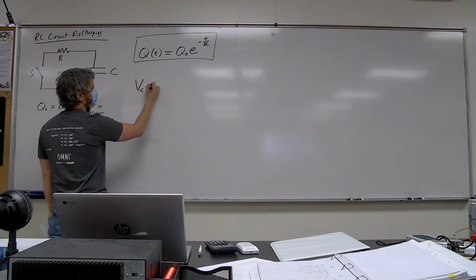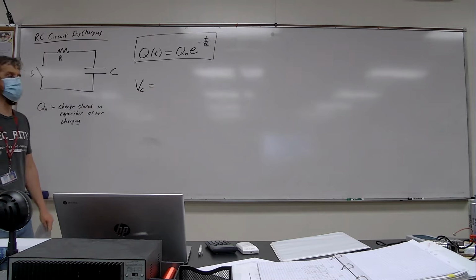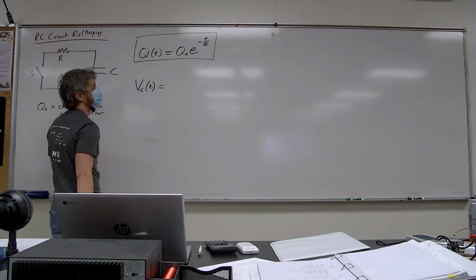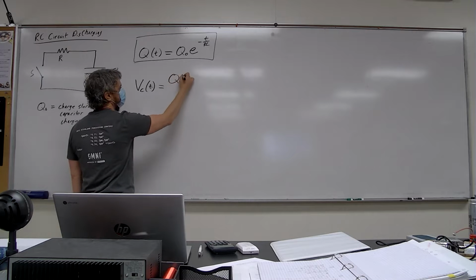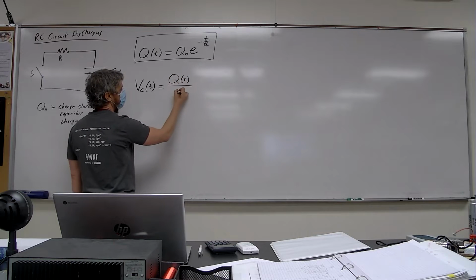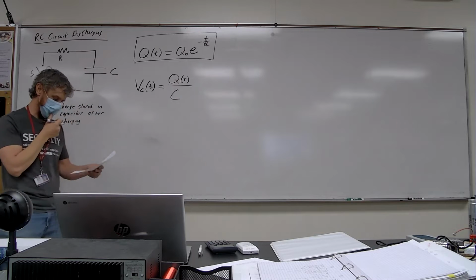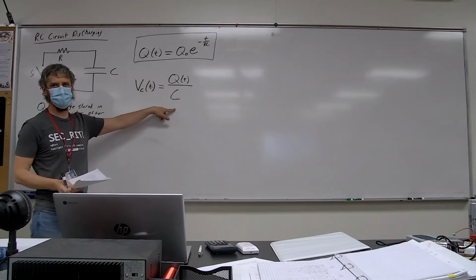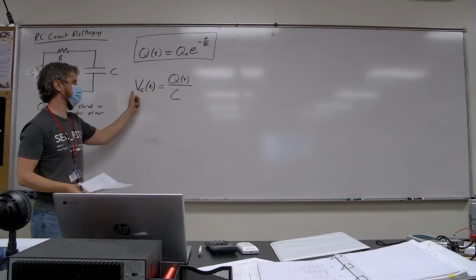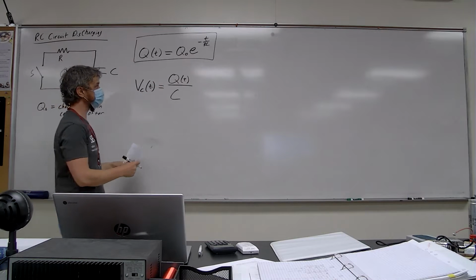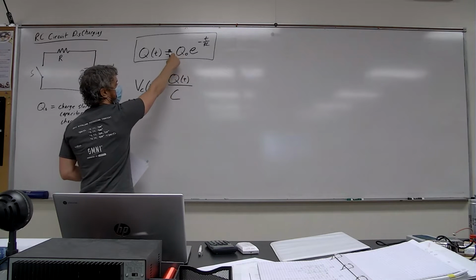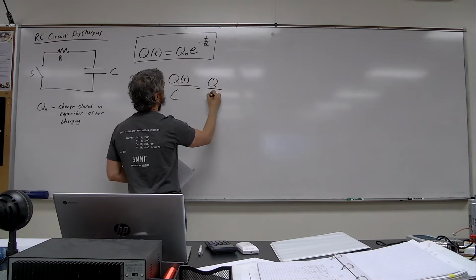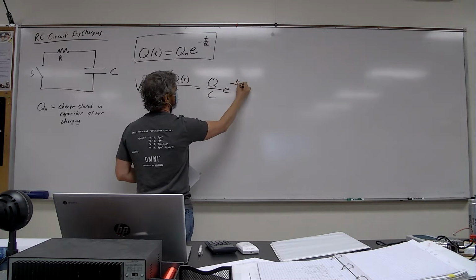So if I want to calculate the voltage across the capacitor as it's discharging as a function of time, that's just going to be the total charge on the capacitor as a function of time divided by the capacitance. Remember, capacitance is defined as charge over voltage. So just solving that for voltage gives us this. I just divide the equation for charge by capacitance. And so it's literally just Q naught over C times e to the negative t over RC.